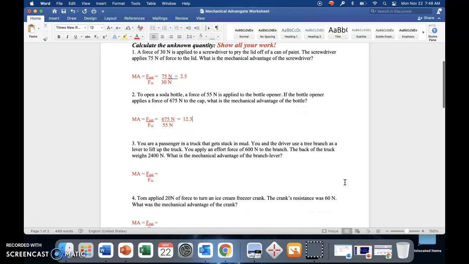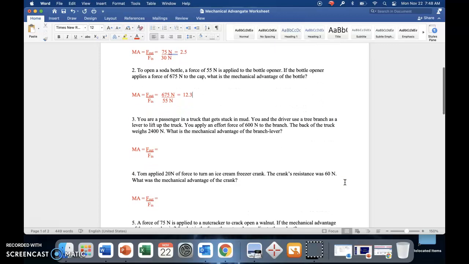Okay, let's keep moving through this. We are on number 3. The back of the truck weighs 2400 newtons. What's the mechanical advantage of the branch that you're using as a lever if you apply 600 newtons of force? Okay, so we've got to take the weight of the truck's rear end and divide by how hard we have to push down on that lever.